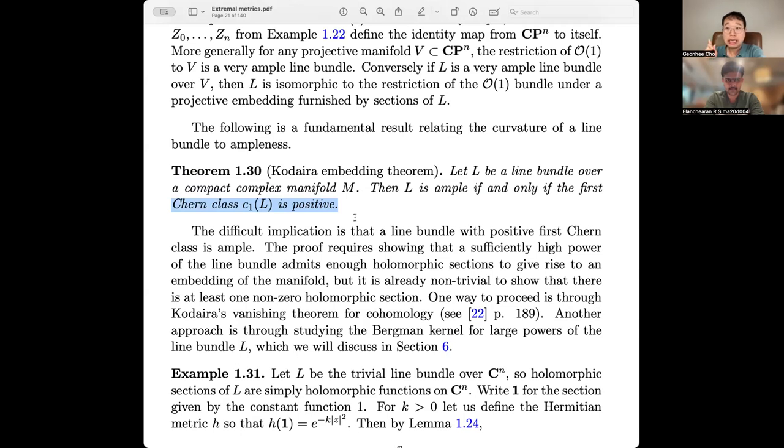Let me just repeat. I'm not saying that we are caring whether or not we can construct the interesting Hermitian metric. What I'm saying is that the statement of the first Chern class being positive is independent of the existence of the Hermitian metric. Let me just explain algebraically.